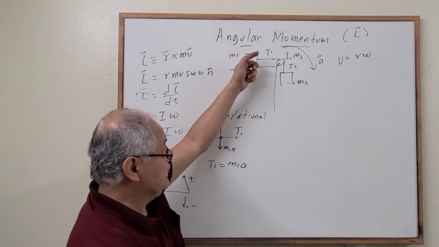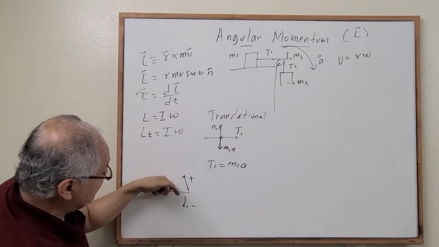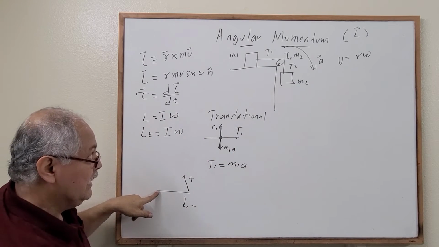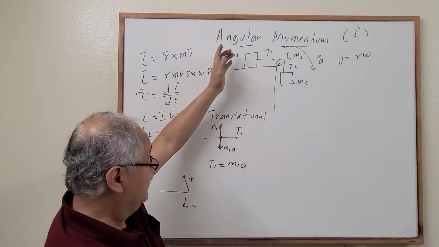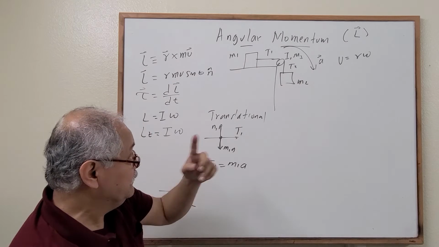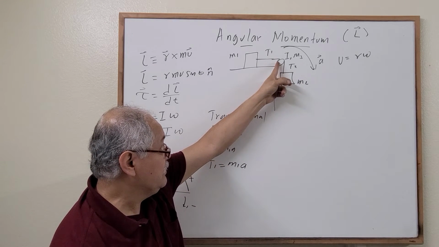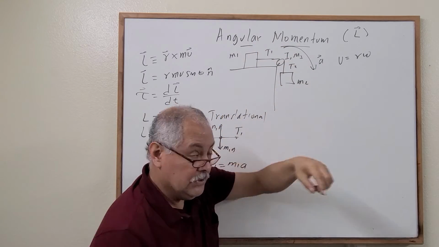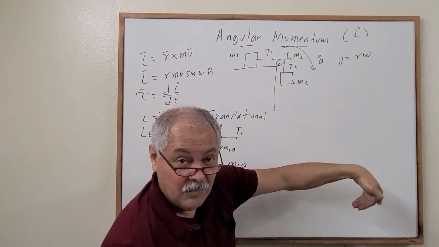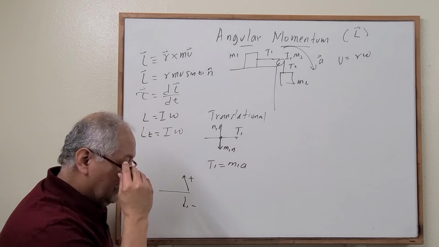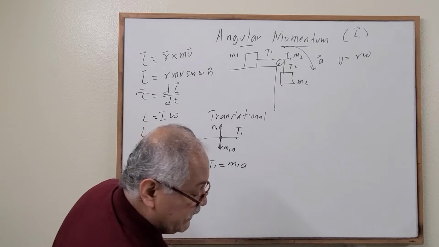So this direction is positive now. It should be negative if we take the pulley by itself, but when it's part of a system, we have to take the positive direction of the pulley in the direction of motion. Perfect. Now let's go to the next object.